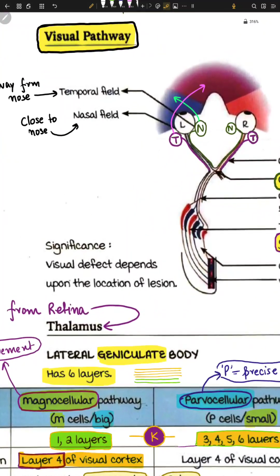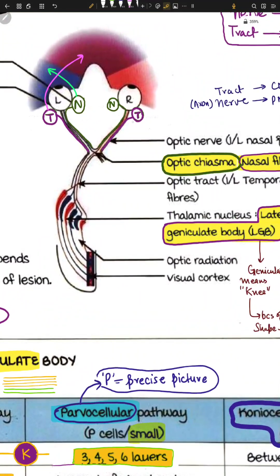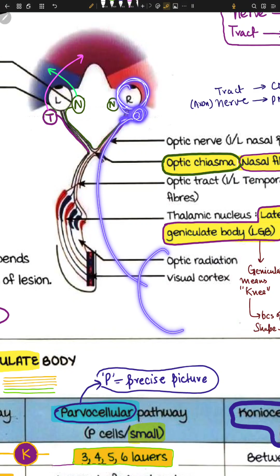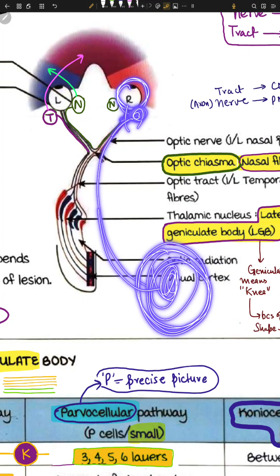Now, the significance: if there is any sort of visual defect, it will depend upon the location of the lesion, right? If there is a lesion here, it means that if the right eye has a lesion, the temporal fibers of the right eye are going to the right cortex, so the right cortex will be affected.